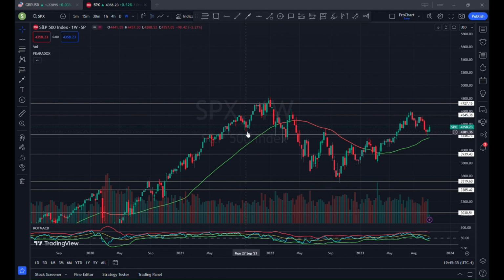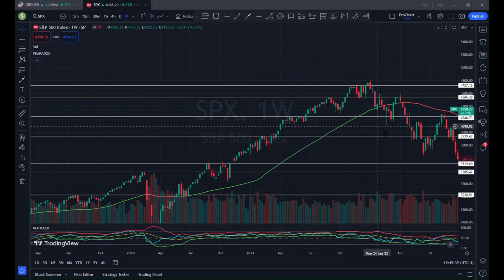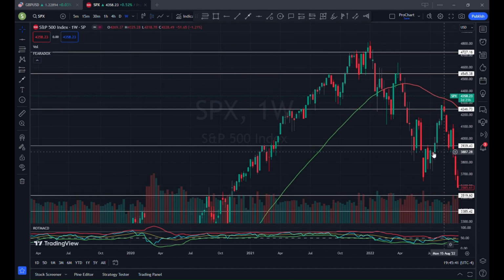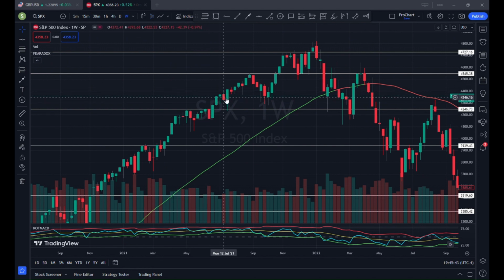Came back down. But see, when price came down, let's make this a little bit bigger. When price came down here, this became support. And it couldn't go through there. This was now the floor.